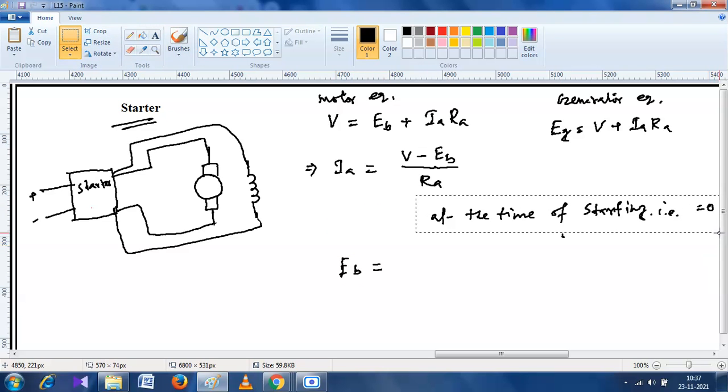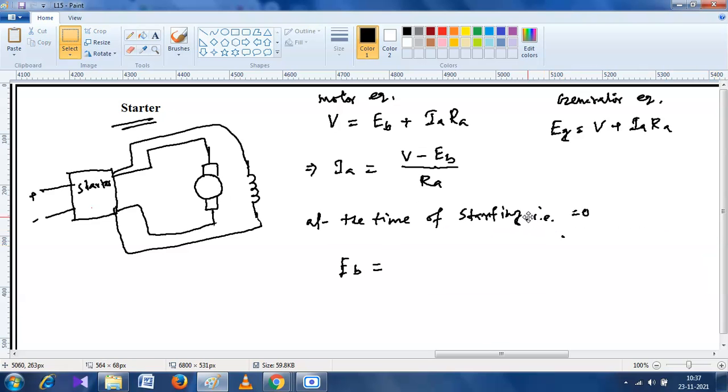Why? You have given a right answer, but why? क्योंकि सर N 0 है मेरा तो. The expression of Eb is P phi N Z by 60A, so the value of N is equal to 0, so the value of Eb at the time of starting should be 0.